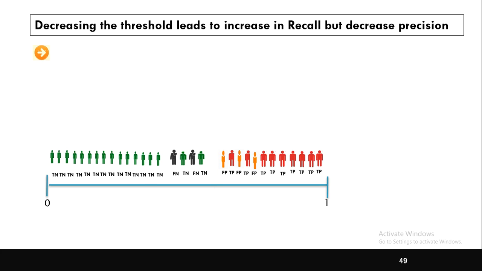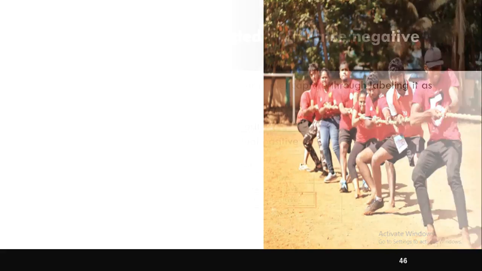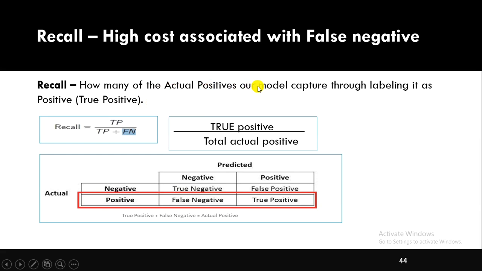Recall can be used if the false negative cost is high. Supposing in the case of a banking transaction, if the false negative values are high, which means the model wrongly predicted a fraudulent transaction as a non-fraudulent transaction, what will happen? It will have a serious impact. The bank will incur irrecoverable loss.